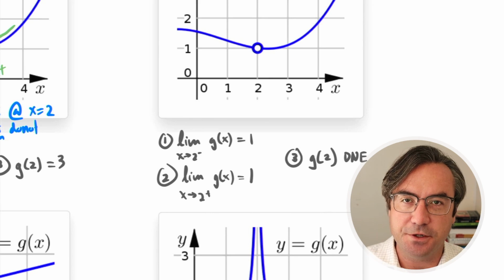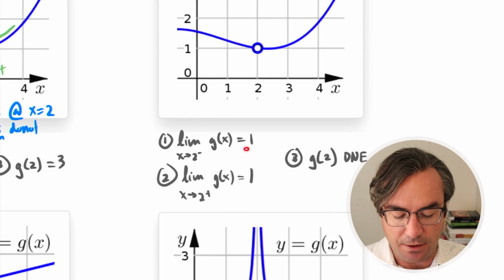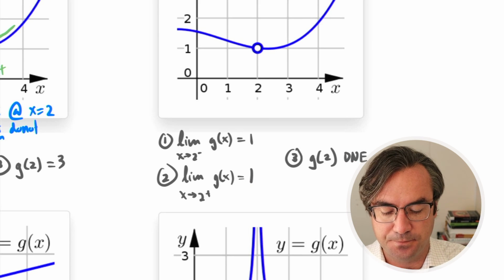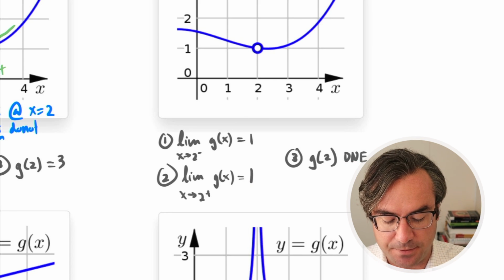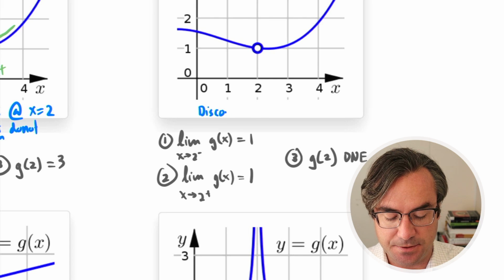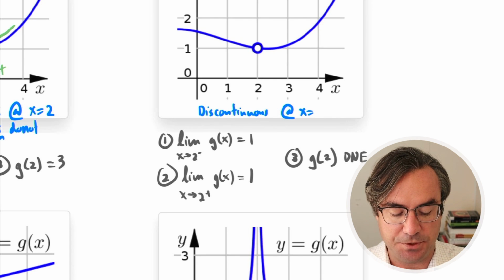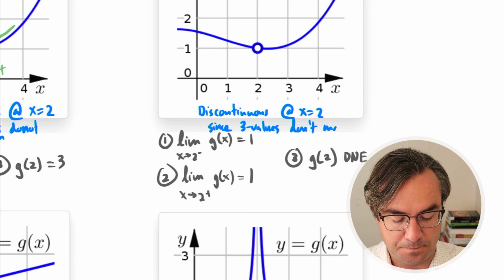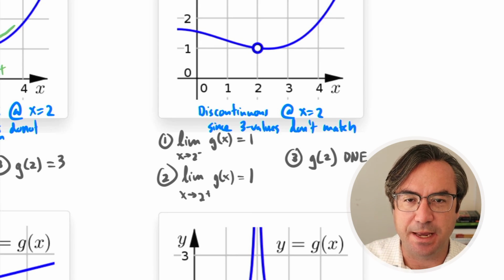And again, for a function to be continuous, we need all three of these values to be exactly the same, and they're not. So we would say this one is discontinuous at x equals 2, since those three values don't match. They all have to be the same.